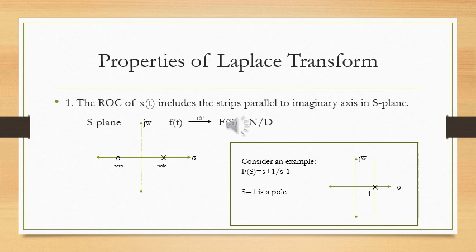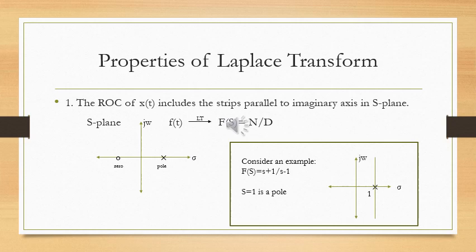Consider an example, F of s is equal to (s plus 1) divided by (s minus 1). Now in this case, s equal to 1 is a pole. So I have marked the pole at 1 on the axis and drawn a line passing through it.